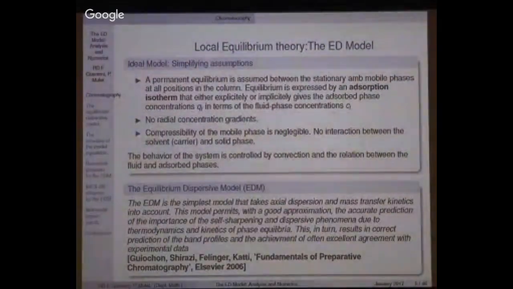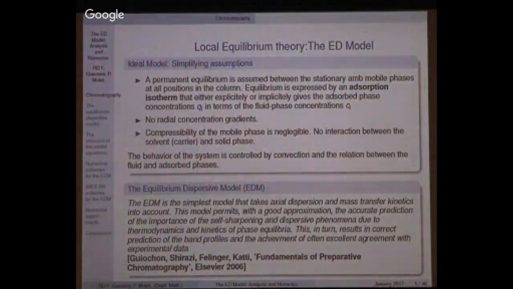This is the equilibrium hypothesis, okay? Then you assume that you have the column and you can neglect anything that happens in the radial direction. So it's a 1D process, very nice. And you assume that the mobile phase is not compressible and that the solvent does not interact with the stationary phase. Nothing happens with the solvent. And then the behavior of the system is controlled by convection, okay, and the relation between the fluid in the mobile and the adsorbed phases by the adsorption isotherm, okay.